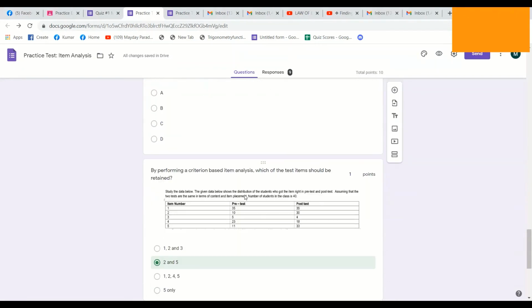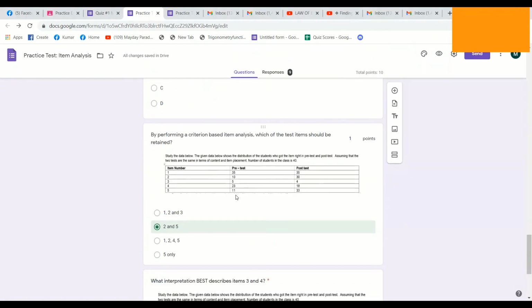Next item, by performing the item analysis, which of the items should be retained? Again, for a criterion-based item analysis, there should be an increase in those who will get the item correct. For item 1, there's no change. So though many got it correct, there's no increase, so that is not a good item.